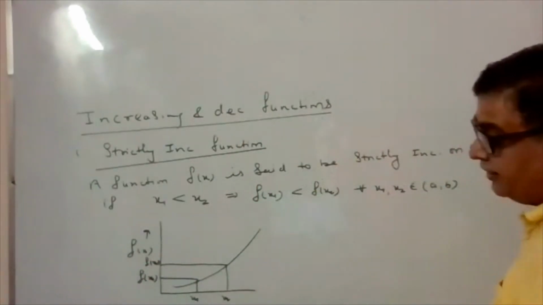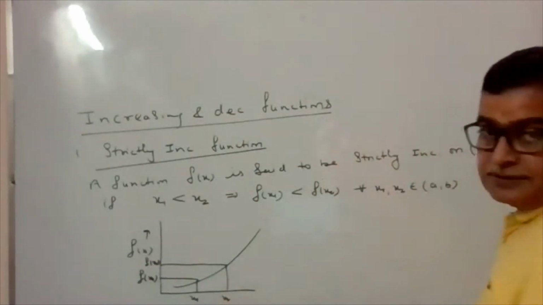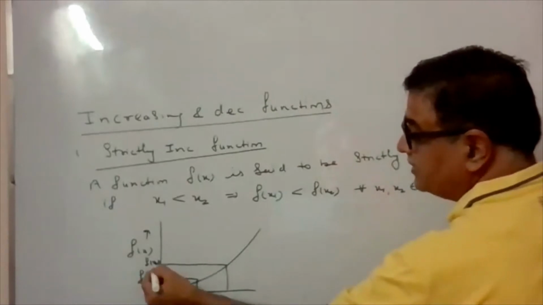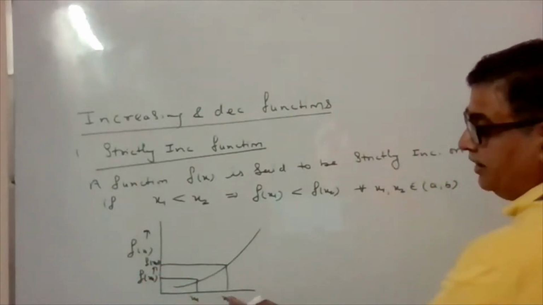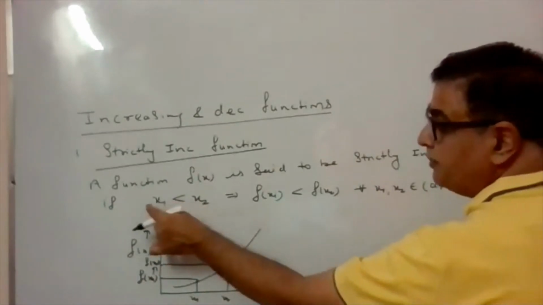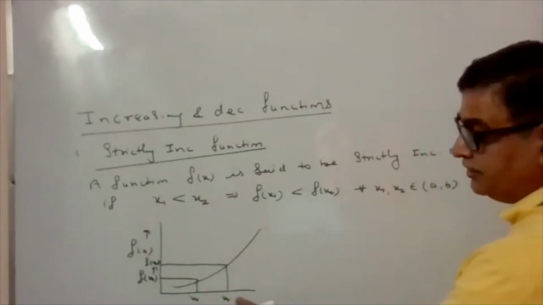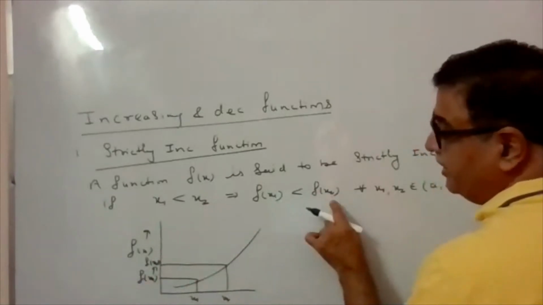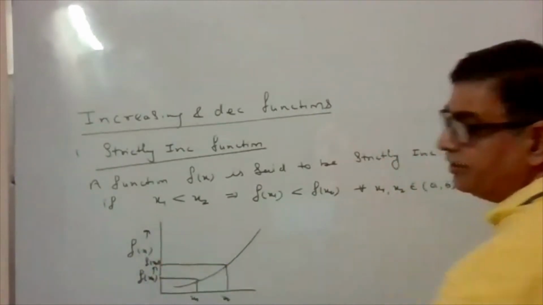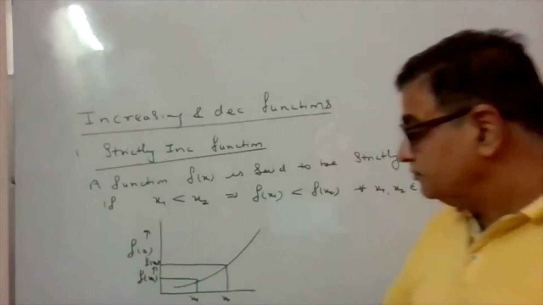What you are finding here, as you increase x, at the same time your f(x) is increasing. x1, x2. What I told, x2 is bigger than x1. This x2 is coming bigger than x1, and at the same time, f(x2) also coming greater than f(x1).